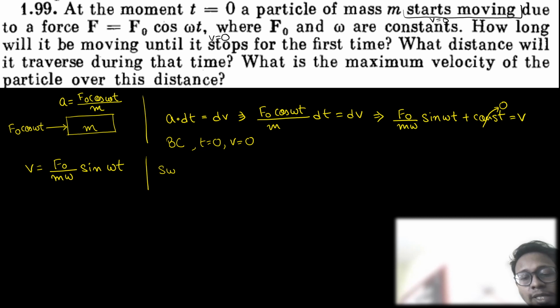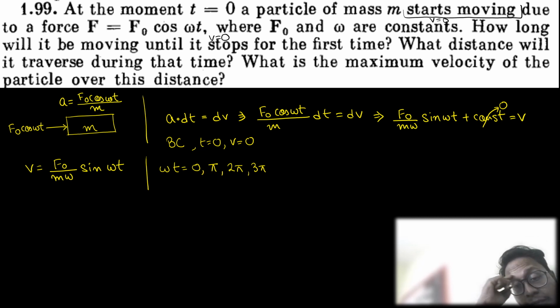Sine omega t becomes 0 when omega t is equal to 0 or pi, 180 degrees, or 2 pi, 360 degrees, or 3 pi. That means natural number multiples of pi. At natural number multiples of pi, the value of sine omega t becomes 0. So it stops for the first time when omega t is equal to pi.